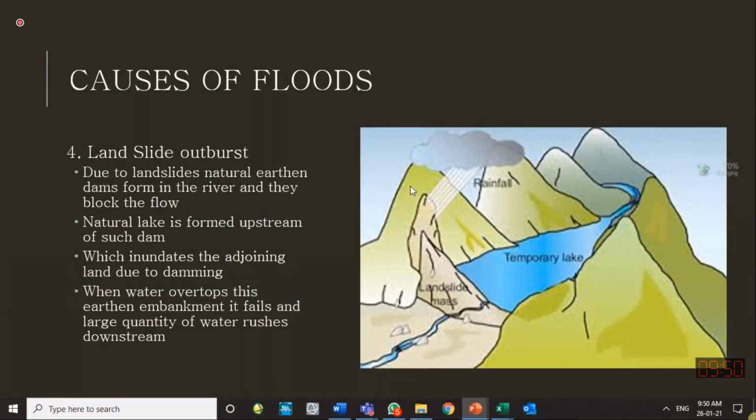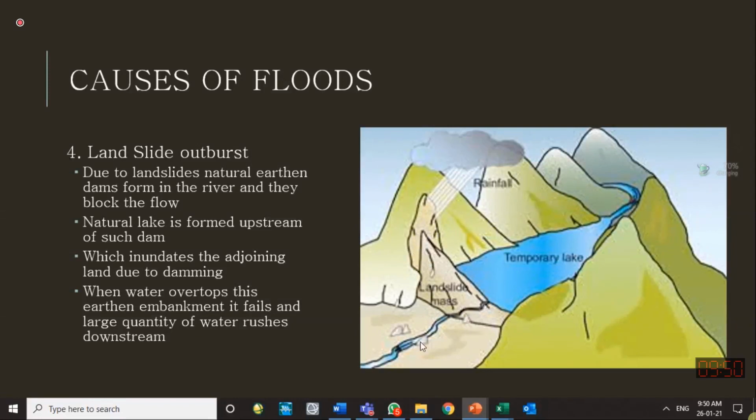Sometimes the steep slope hills or mountains on the sides of the river, they give way or they are failed because of different reasons, because of the earthquake or because of the huge rainfall activity which seep down into the soil, and the shear stress of the soil is reduced, and the whole mass of the land is moved into the path of the river.